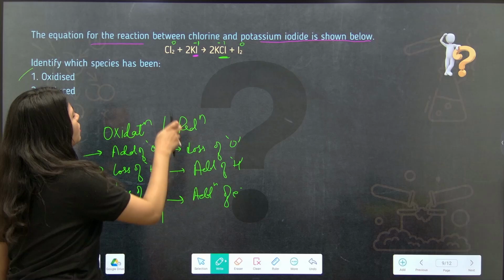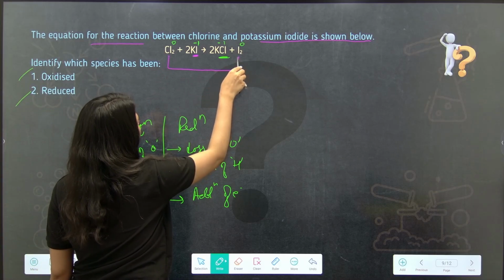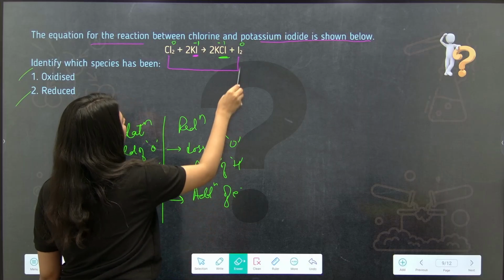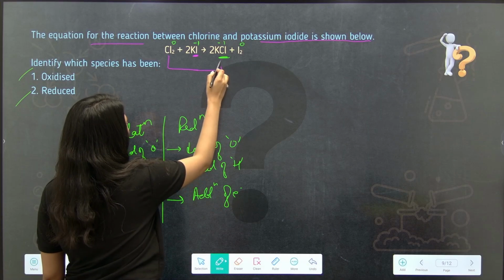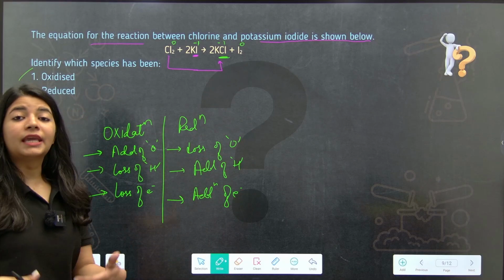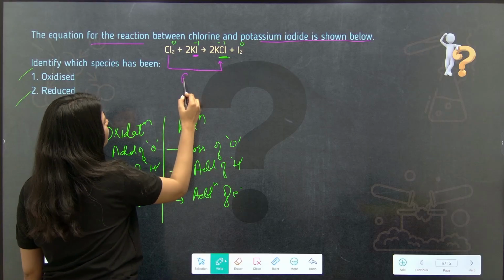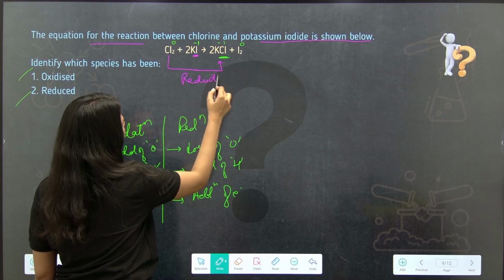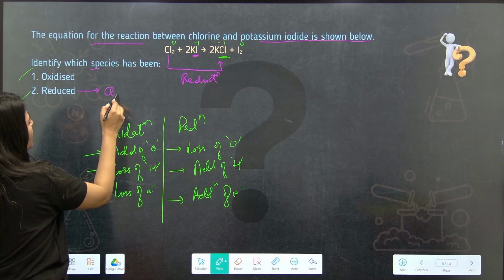Okay, so Cl2 changed from 0 to minus 1 oxidation state. It means that it has gained 1 electron, and if it has gained electron, I can say that reduction has taken place over here, and therefore the species which is reduced is Cl2.